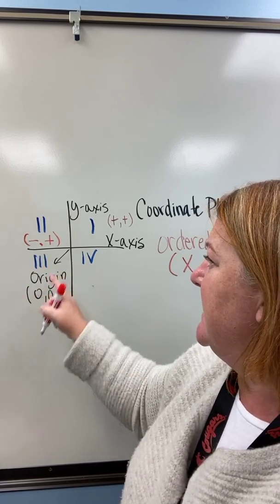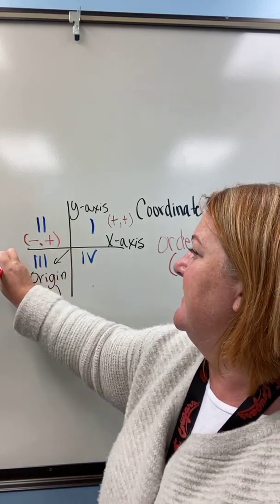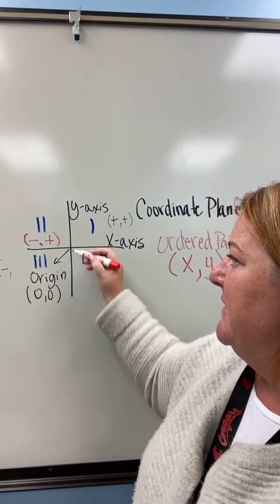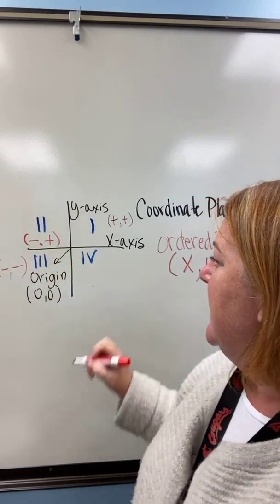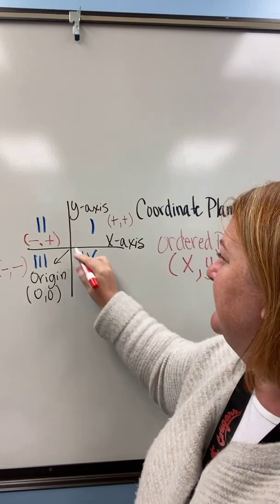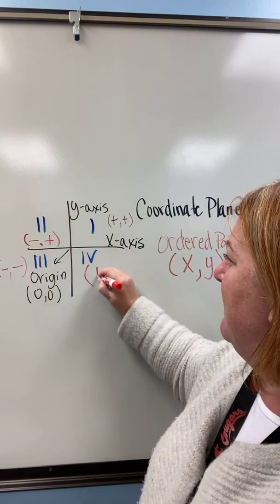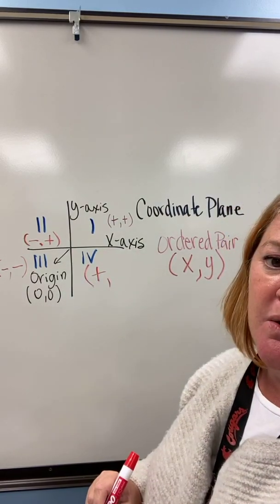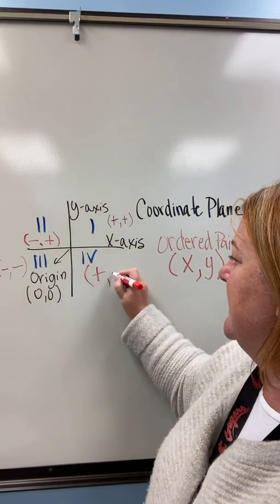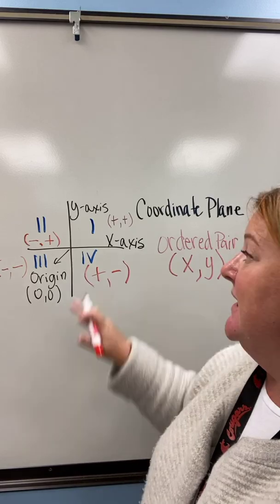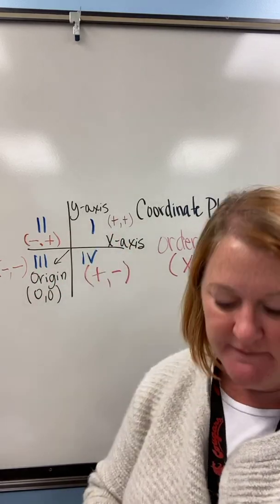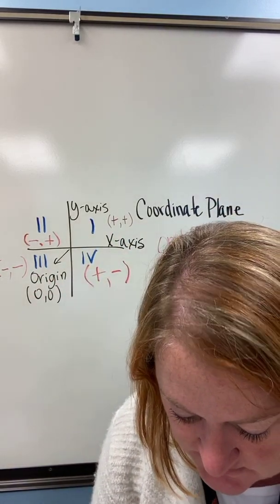In quadrant 3, the x-axis is negative, but the y-axis is also negative. And then in quadrant 4, the x-axis is positive, and the y-axis is negative. So you can see that these two are flip-flops of each other, and quadrant 1 and 3 are flip-flops of each other.